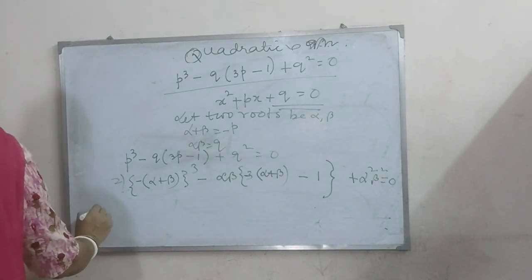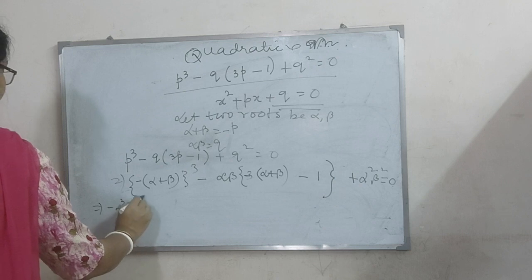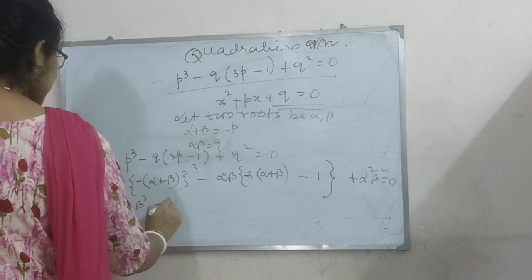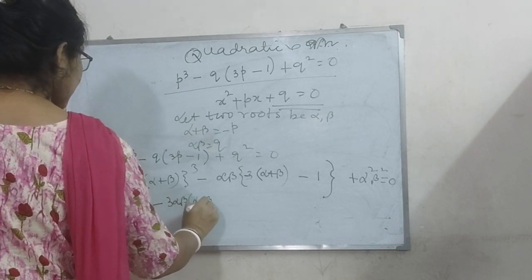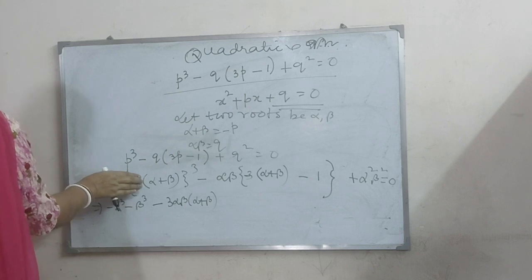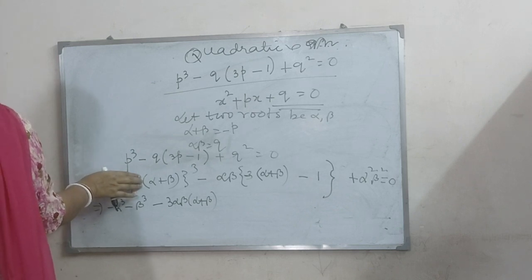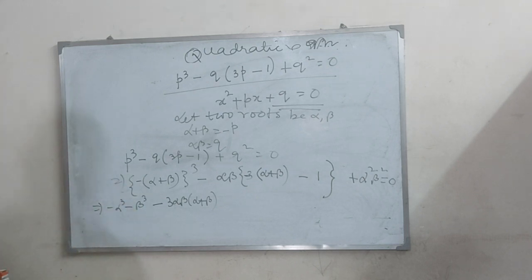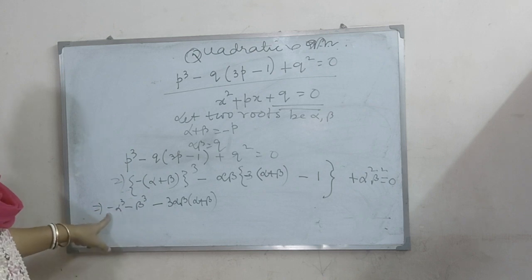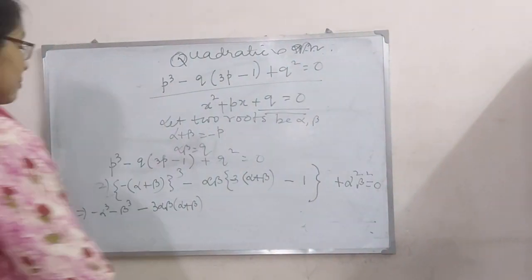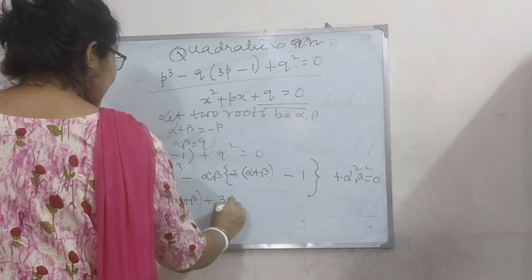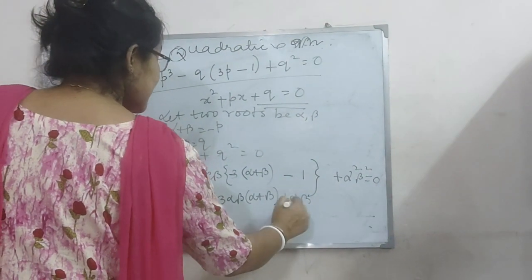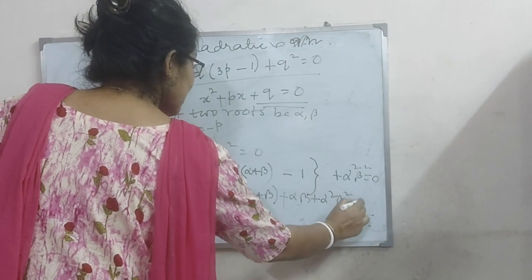Okay. This equal to minus alpha cube minus beta cube minus 3 alpha beta into (alpha plus beta). Formula: (alpha plus beta) whole cube equal to alpha cube plus beta cube plus 3 alpha beta into (alpha plus beta), but here minus 1 whole cube, so I will get minus alpha cube minus beta cube minus 3 alpha beta (alpha plus beta) plus 3 alpha beta (alpha plus beta) plus alpha beta plus alpha square beta square, this equal to 0.